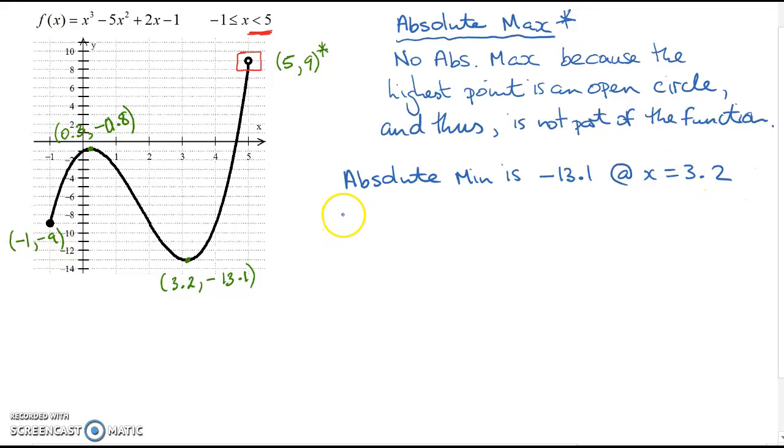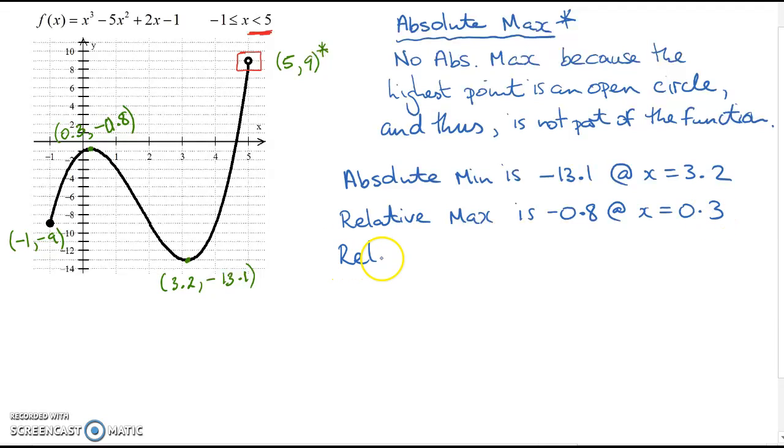The relative maximum is -0.8 at x equals 0.3, and the relative minimum, the bottom of the valley, remember, is -13.1 at x equals 3.2.